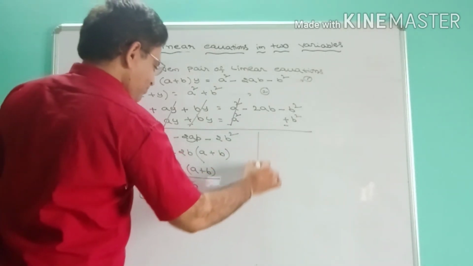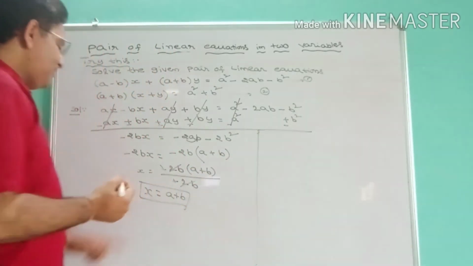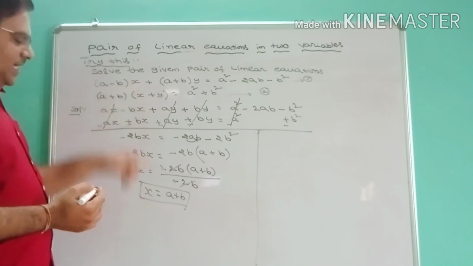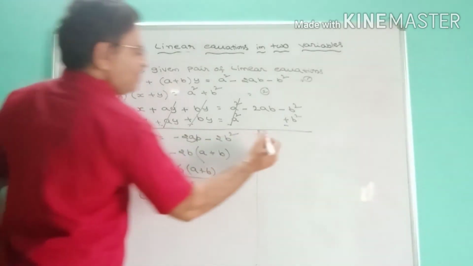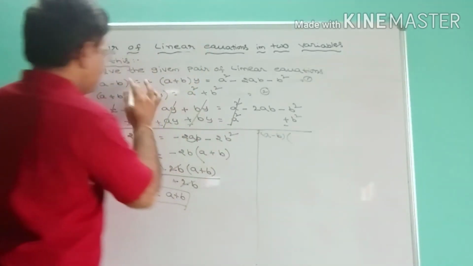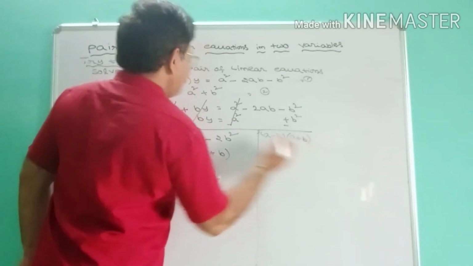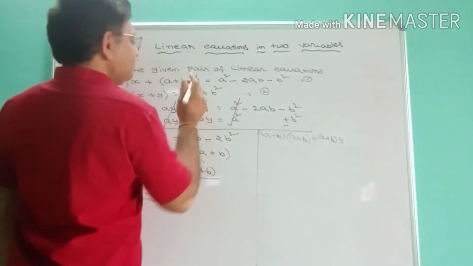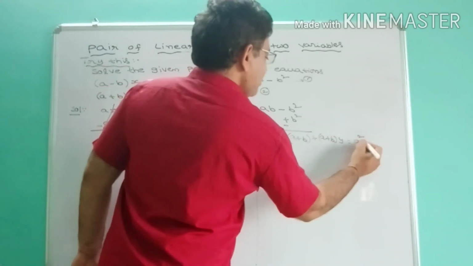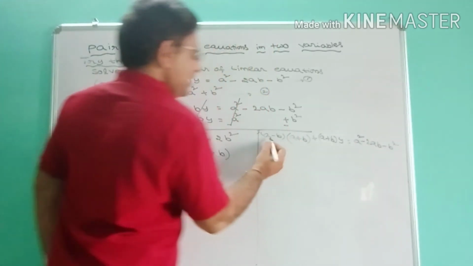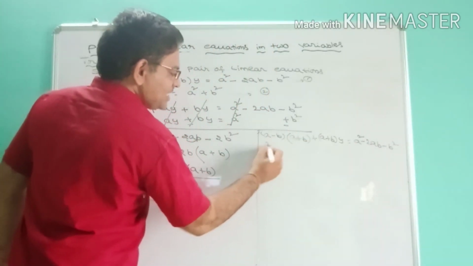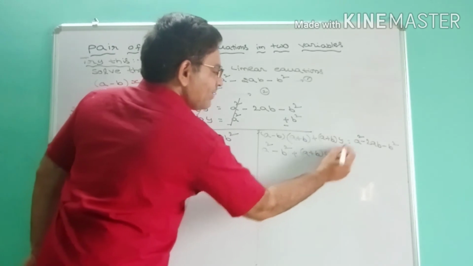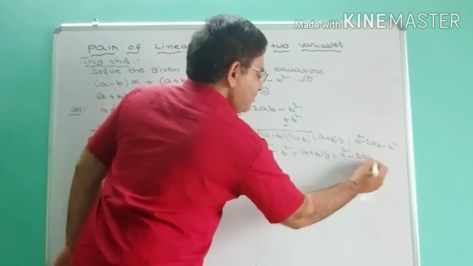Now substitute the x value a plus b in equation 1. (a minus b) into (a plus b) plus (a plus b) into y equal to a square minus 2ab minus b square. (a minus b) into (a plus b) gives a square minus b square, plus (a plus b) into y equal to a square minus 2ab minus b square.